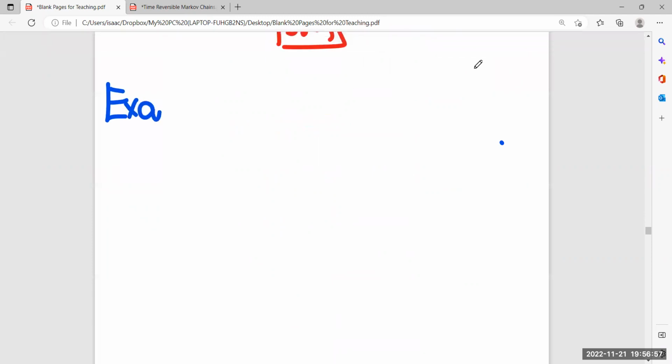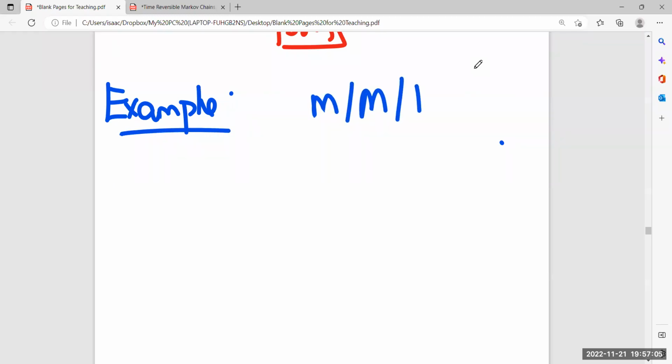If you see M/M/1 by itself, it means what we had before, M/M/1/infinity/infinity. So it doesn't matter to us.